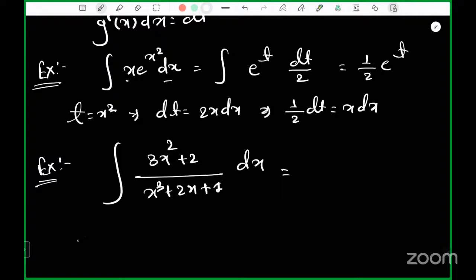What should I take as our t? x squared plus 2? Will that work? Then dt will become 2x dx. It won't work, it will not work.